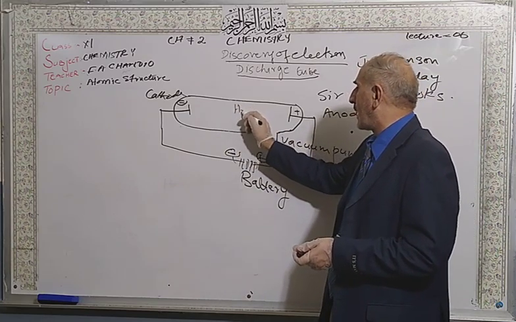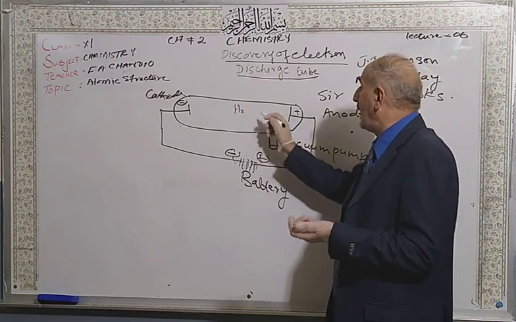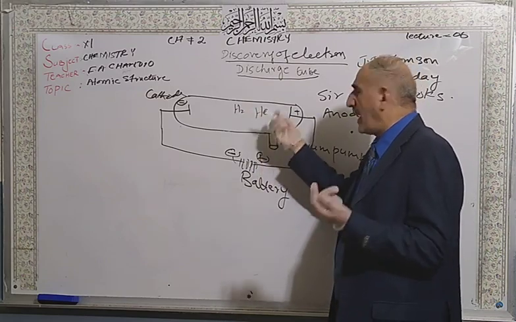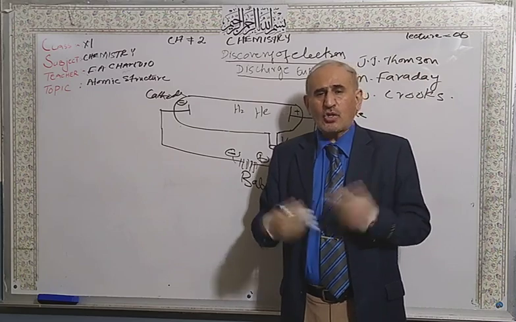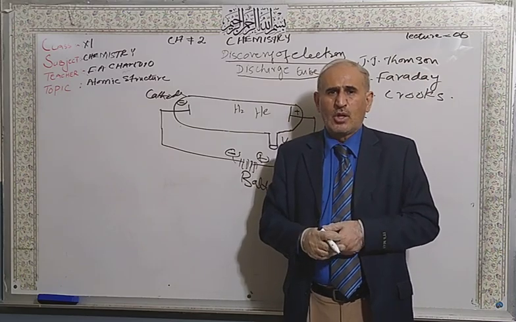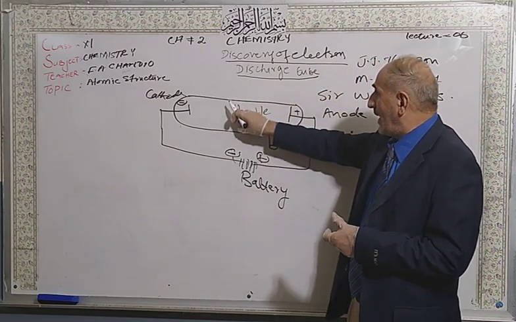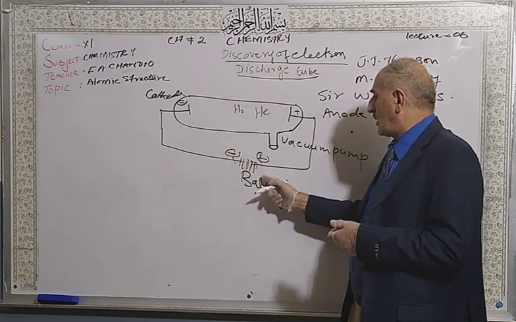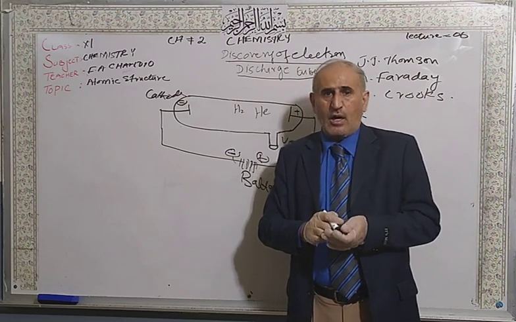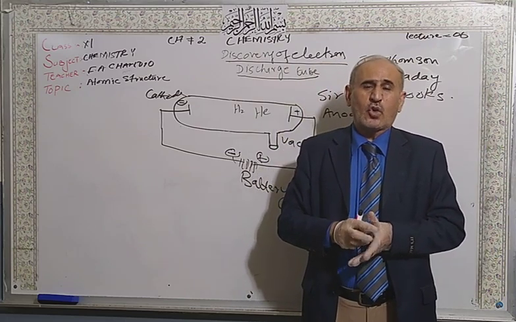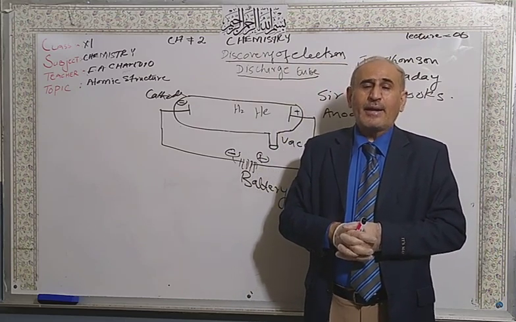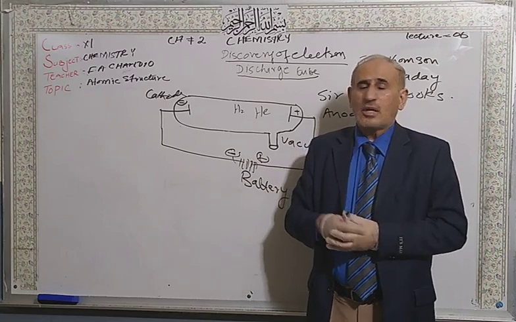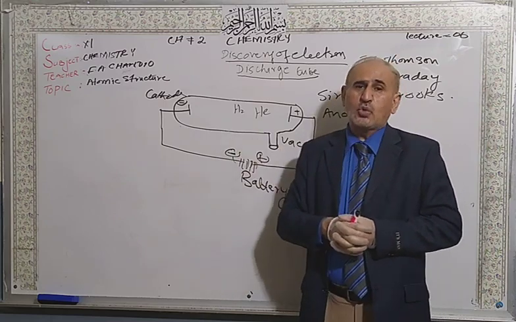Suppose they put hydrogen gas or helium gas, any gas, oxygen gas. When they put any one of the gases, the air is removed. Again they applied the electric current through the battery, using 2,000 to 5,000 volts. Again, they failed to see the conduction of electric current through the gases.